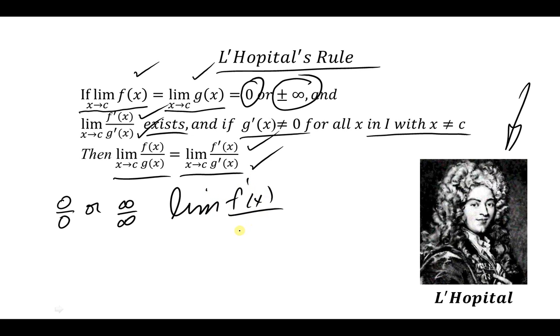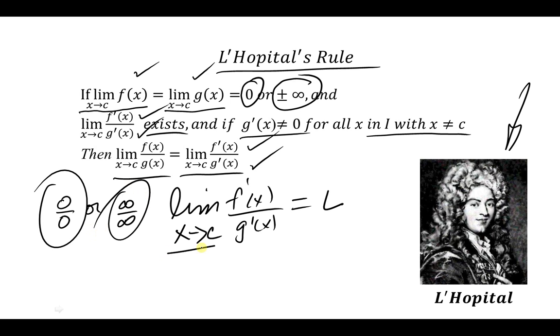Take the derivative of f and the derivative of g, and try to calculate the limit, and if that exists and equals some L, then you've calculated the limit. But you always have to have either 0 over 0 or infinity over infinity before you can take the derivatives.